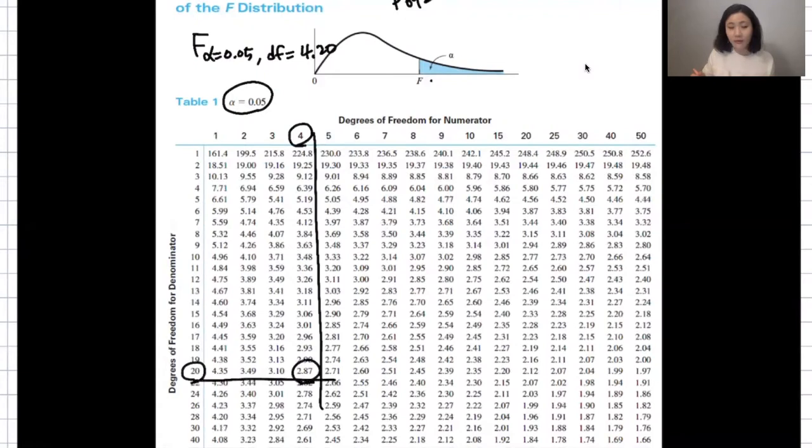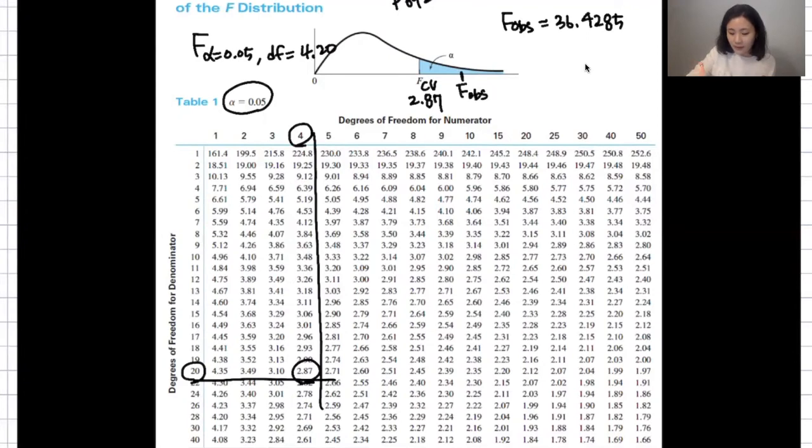So my critical value is 2.87, and my observed F value was 36.4285. So my observed value is here.